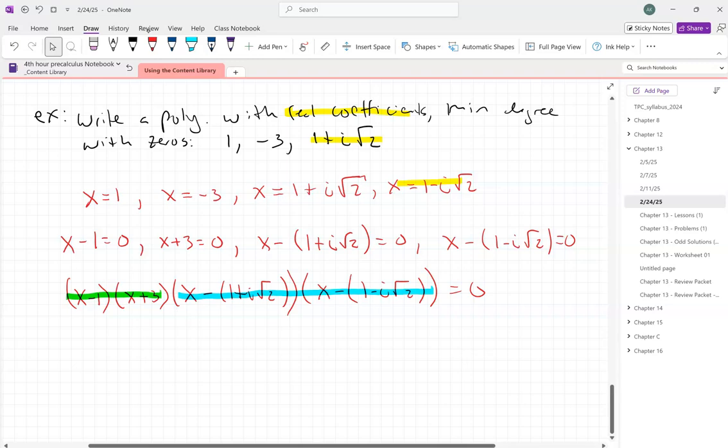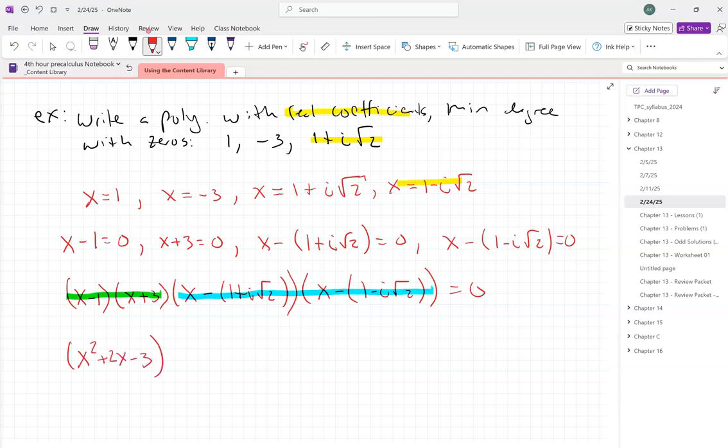So this first pair that is in green, I'm going to just FOIL quickly in my head. I get that. The second pair, I'm going to go a little bit more carefully and show you what I'm doing. So I'm going to treat these things in parentheses as just one big thing.